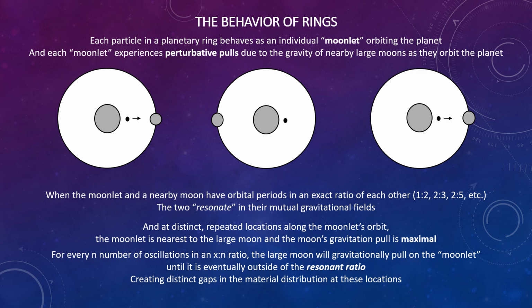After so many oscillations, eventually the moonlet is going to have experienced so much of a pull that it now resides outside of the area where it can be in a stable orbit there in the ring. So this creates distinct gaps over time in these ring structures. It may have started out smooth, but over time, these ring structures resonate and create bands in distinct locations that follow these mathematical ratios very precisely.